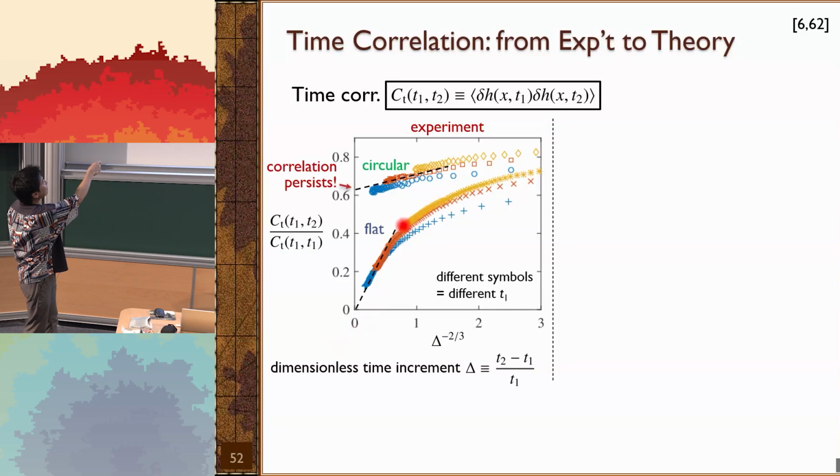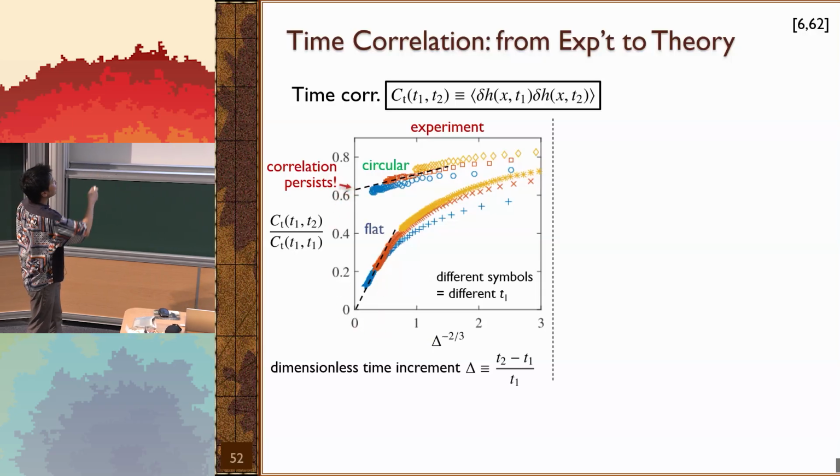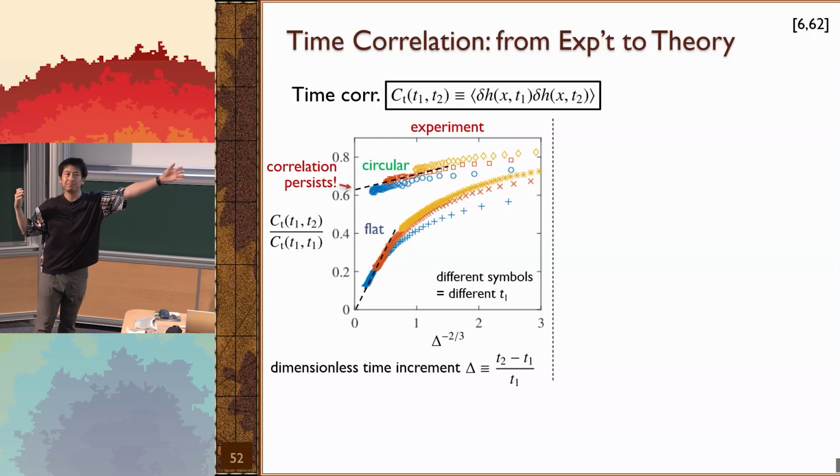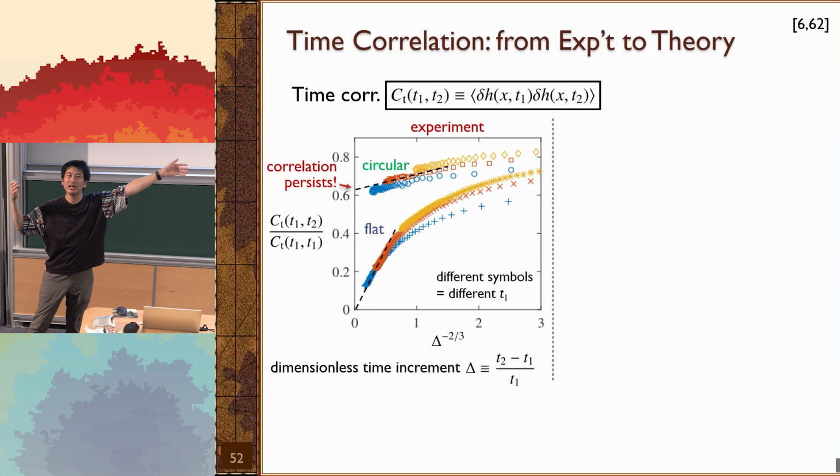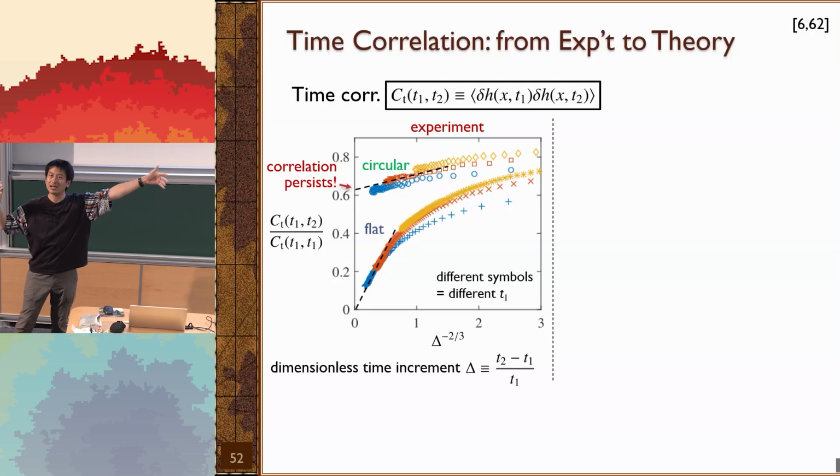If you see the data for the flat interfaces, it seems to go straight toward 0. But for the circular case, the data seem to go somewhere which is clearly different from 0. So it means that even if infinite time has passed, there is some strictly positive correlation remaining in the circular case.